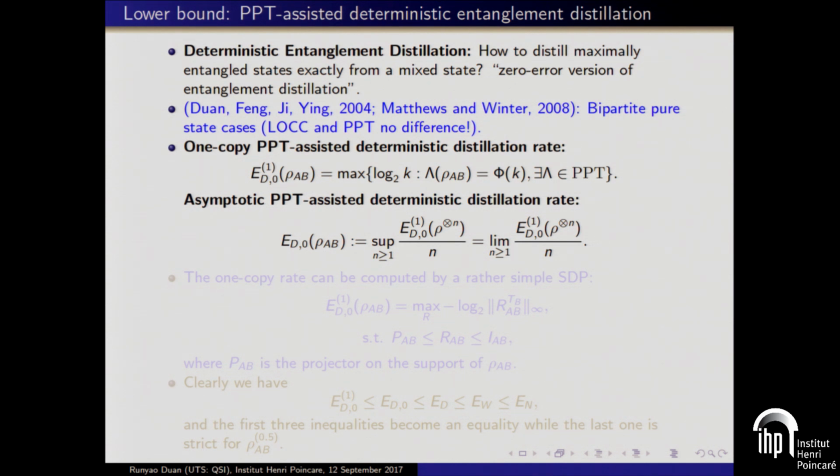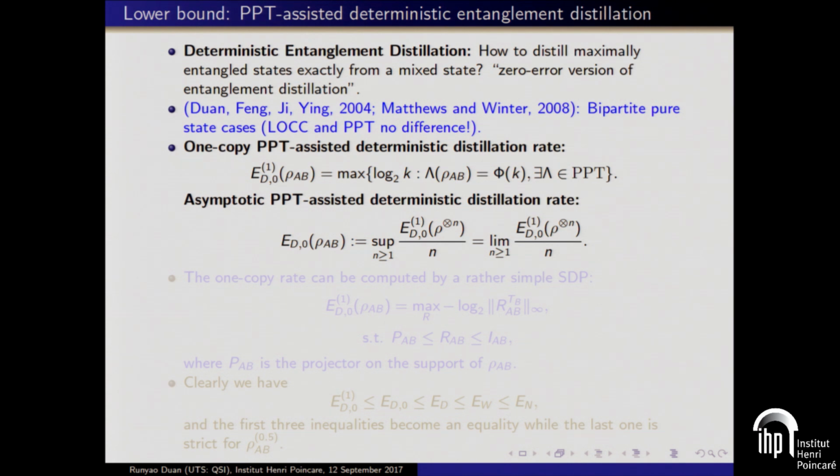In this case, what we have is some quantity called the one-shot deterministic entanglement distillation rate for this state. And then there is a very routine trick in information theory. We take the asymptotic case. So we take n copies, and then we take the average. Then we have something called the deterministic entanglement distillation rate.